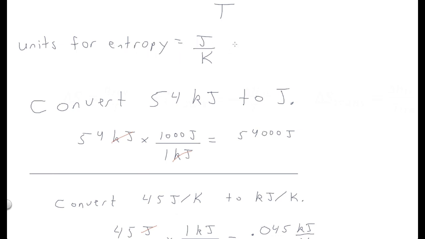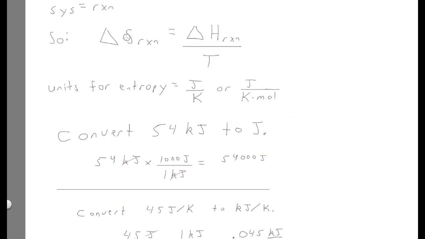Sometimes we'll be using joules per Kelvin, sometimes joules per Kelvin per mole, in different contexts. Hopefully it will be clear from the context which are the appropriate units to use. If you're figuring out the entropy from this equation, you would get joules per Kelvin.